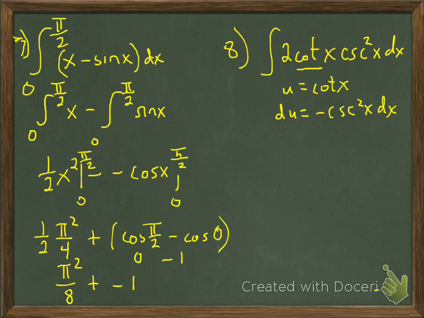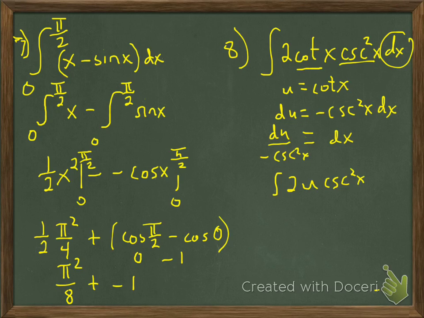And then I can solve for dx. Two u cosecant squared x, and so I just substituted, now I'm going to substitute dx.